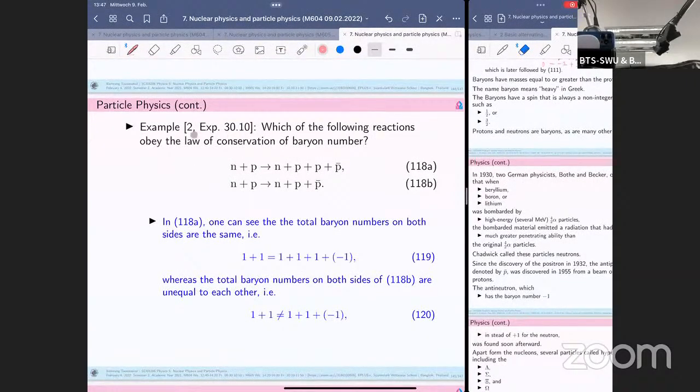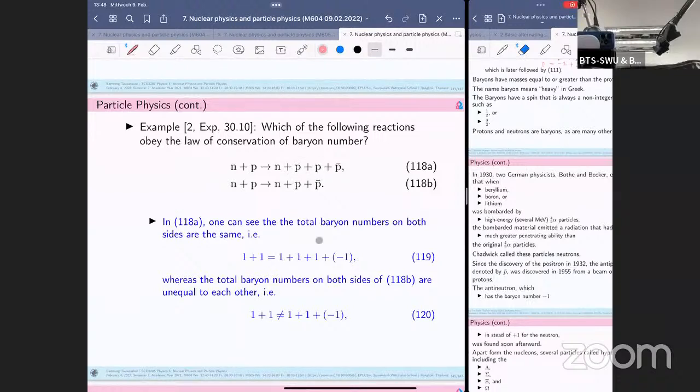The first one, this example is taken from book number 2. We have proton and neutron, right? Both decay into neutron and proton again, and we have another proton, and anti-proton. That's the first decay. And let's consider that because this is the baryon, right? We have 1 and plus 1. This is baryon. We have 1, and proton here is also baryon. We write number 1 here.